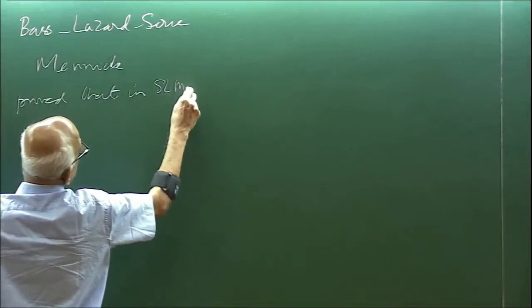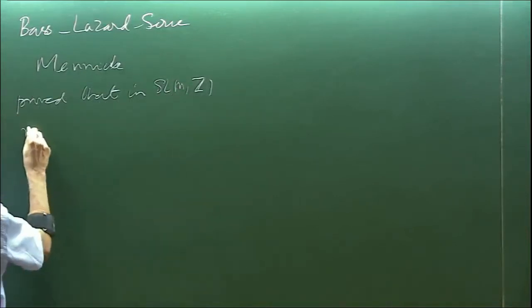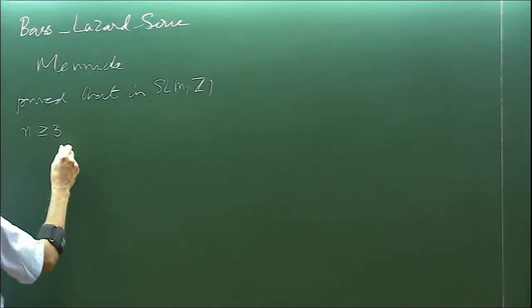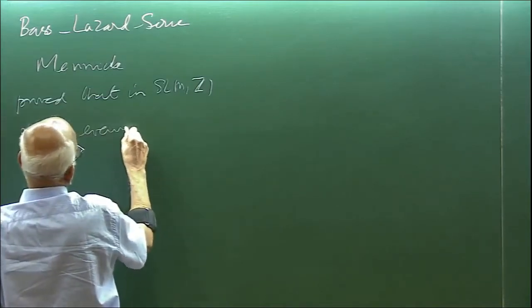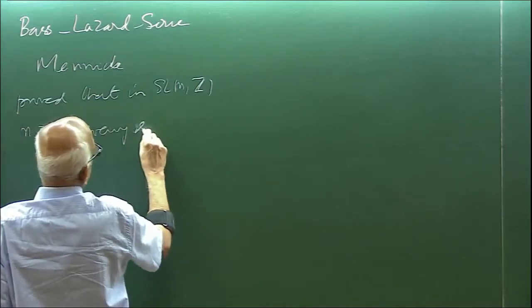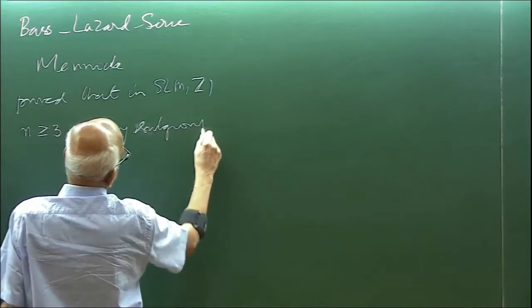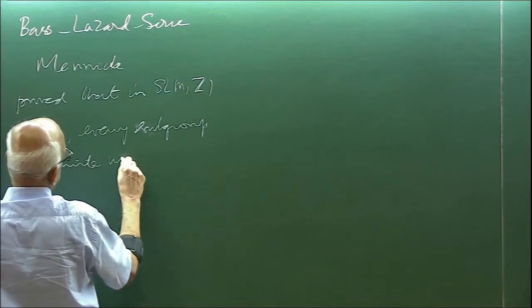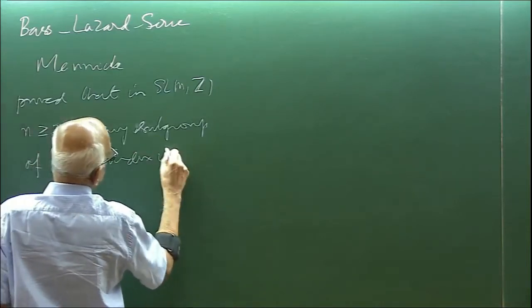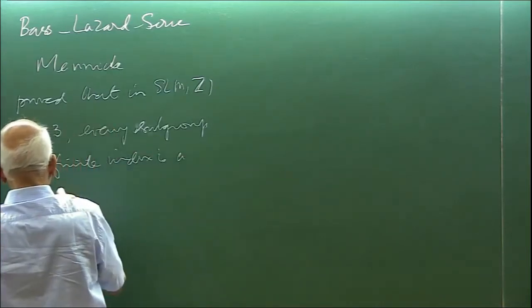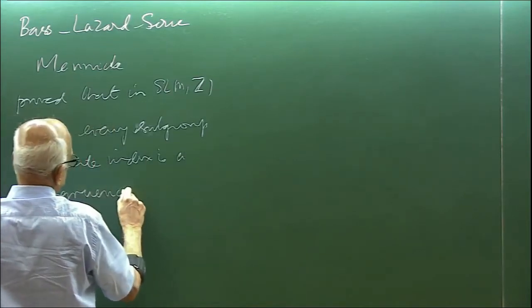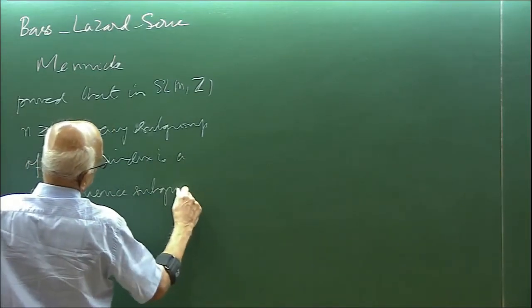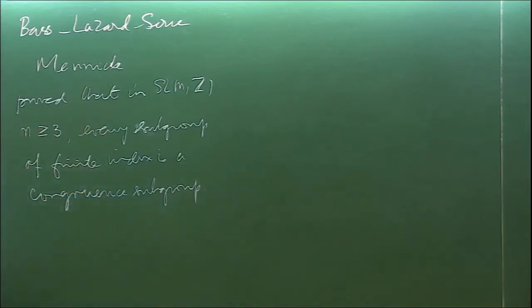In SL_n of Z, n greater than or equal to 3, every subgroup of finite index is a congruence subgroup. So the situation becomes very different the moment n is greater than or equal to 3.